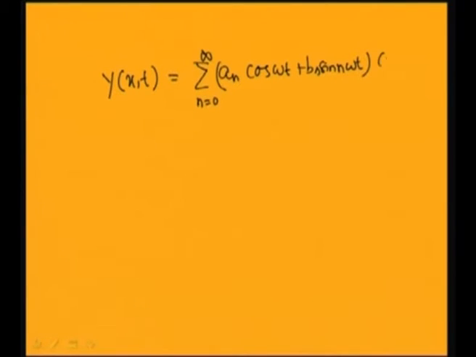In the case of a continuous system you can write the solution in this form: y(x,t) equals the sum from n equal to 0 to infinity of (a_n cos omega_n t plus b_n sin omega_n t) times phi_n(x).